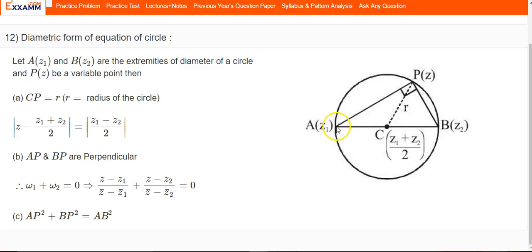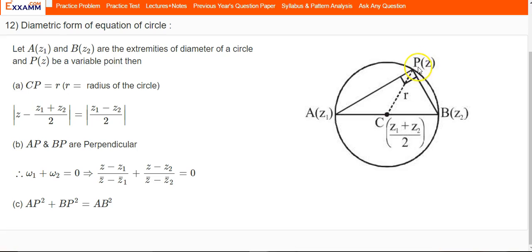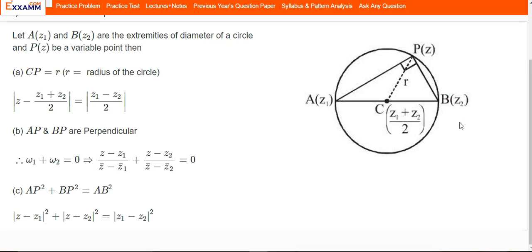Now third method is that AP square plus PB square is equal to AB square. Now here AB is z2 minus z1 and AP is z minus z1 and PB is z minus z2, modulus of these numbers. So what do we get?